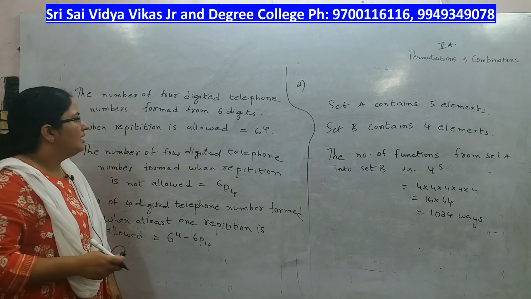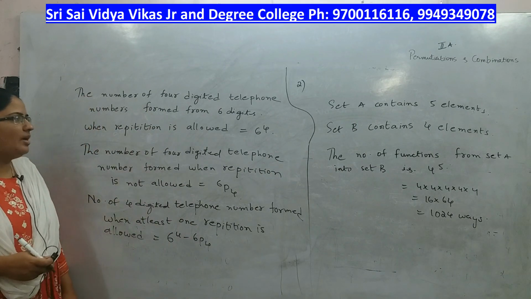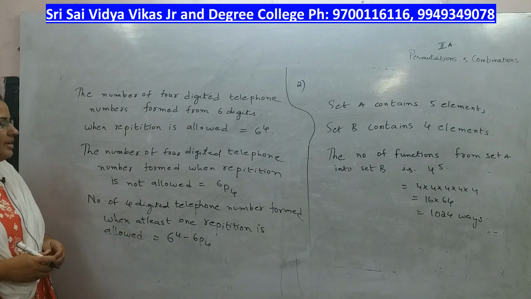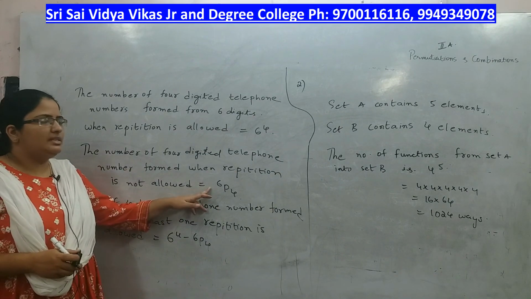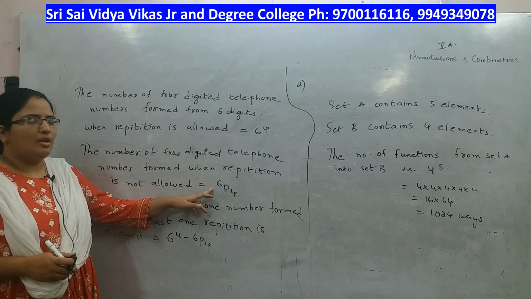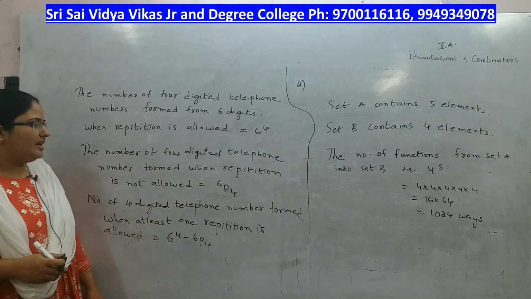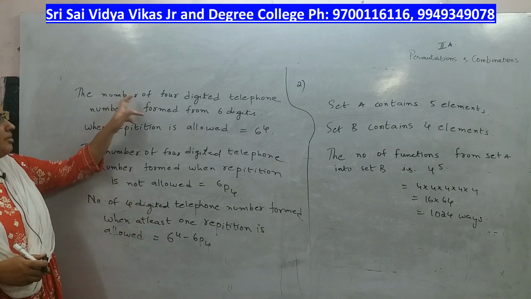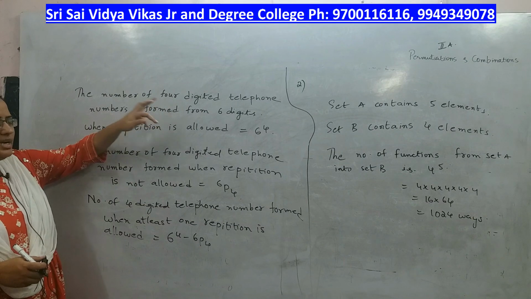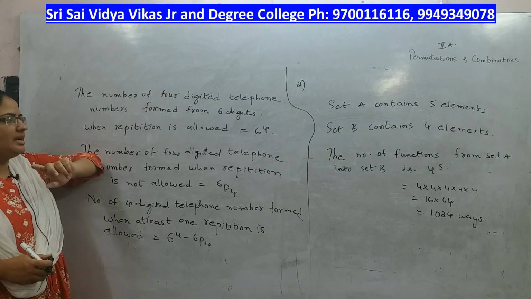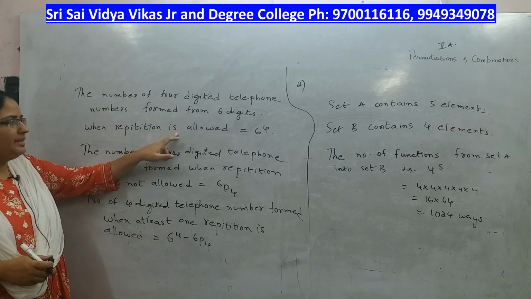Next, in the next problem you have to find the number of telephone numbers that can be formed from 6 digits, of 4 digits when repetition is allowed. First of all, we are finding the number of 4-digit numbers when at least one digit is repeated. That means you should have repetitions.